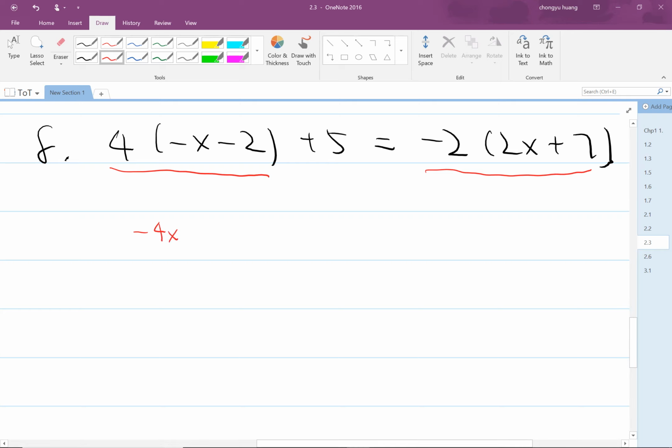And then we have negative 2 multiplied by 4, so it's negative 8, and then plus 5 is equal to, on the right hand side, negative 2 multiplied by 2x, so it's negative 4x, and negative 2 multiplied by 7, so it's negative 14, right?